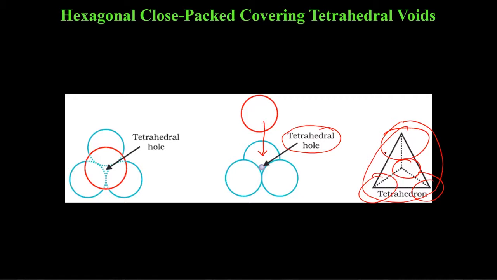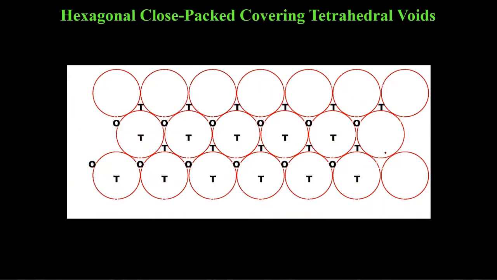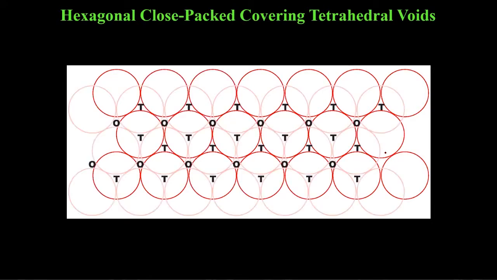How will the octahedral void be formed? For octahedral, if you see, you have the above layer, but there is exactly no atom here.